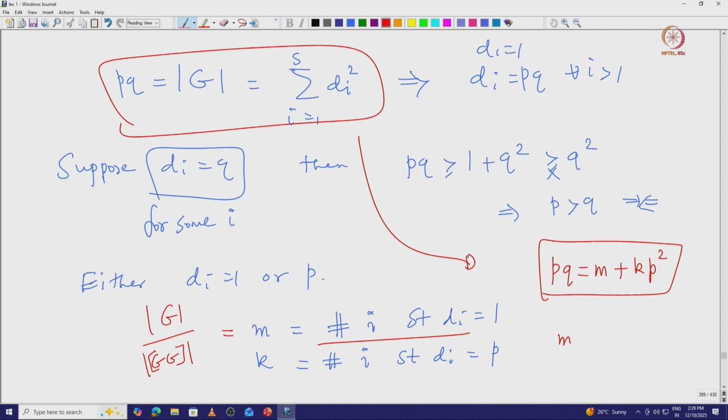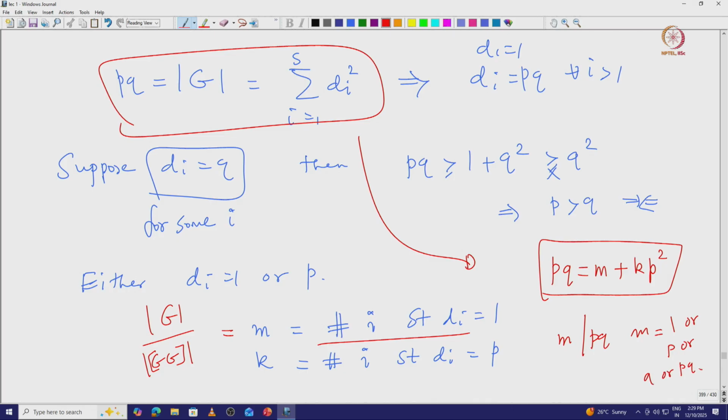So, this m divides pq. Since m is at least 1 and divides pq, m is supposed to be either 1, p, q, or pq.